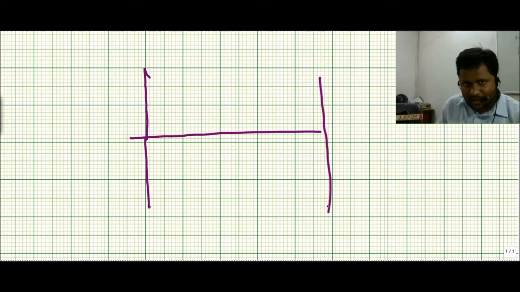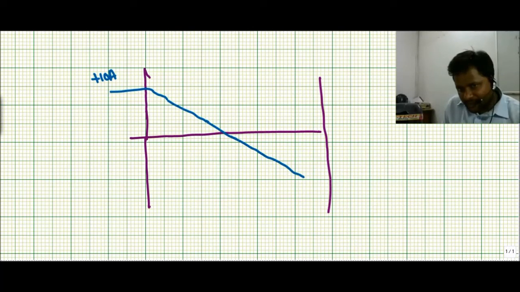This is basically the actual path. Here we are given plus 10 ampere. If we get minus 10 ampere after commutation, then it is called ideal commutation.